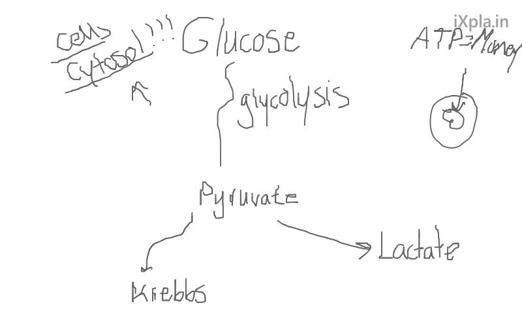So now we'll differentiate between these two. Remember that anaerobic means without oxygen. The process of forming lactic acid doesn't have oxygen involved. Oxygen is not involved until the very last step.